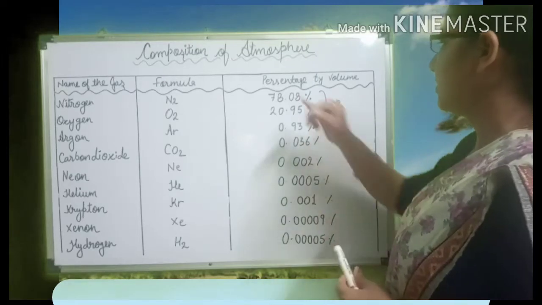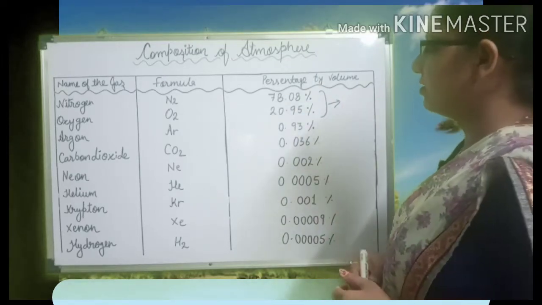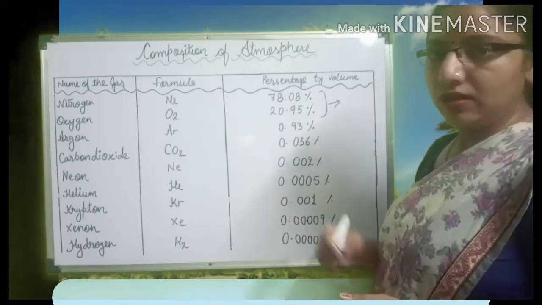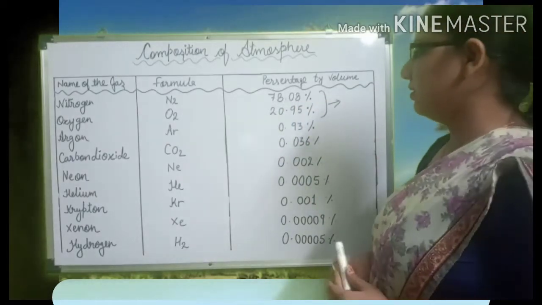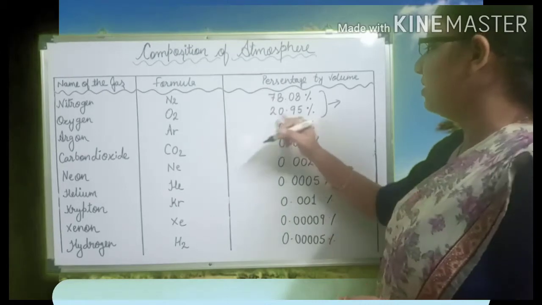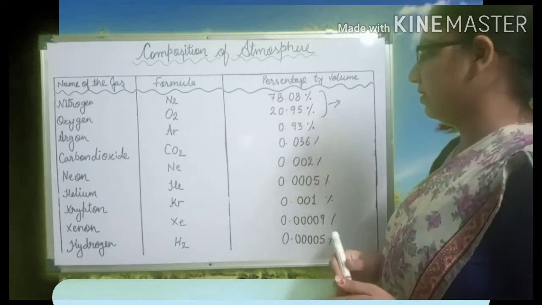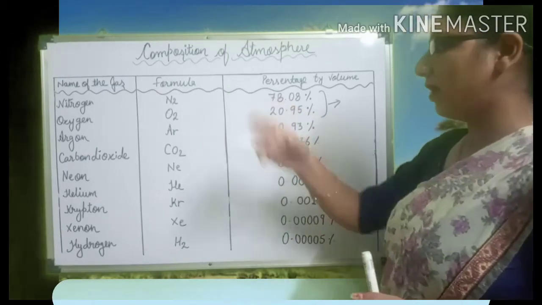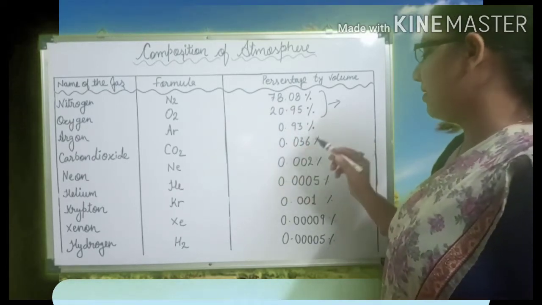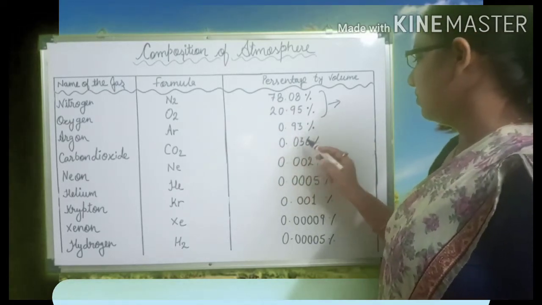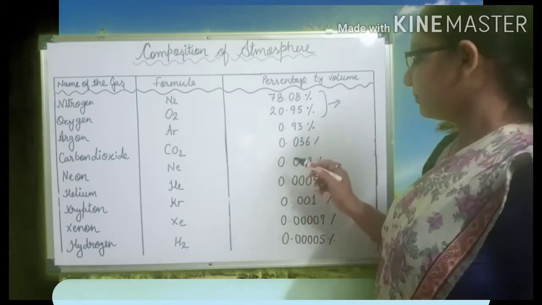And if you see the percentage by volume, the percentage of nitrogen is 78.08%, and the oxygen's amount is 20.95%. If we talk about the amount of argon, it is 0.93%. Then after that, carbon dioxide is 0.036%.